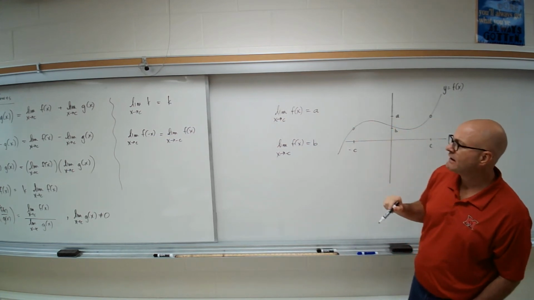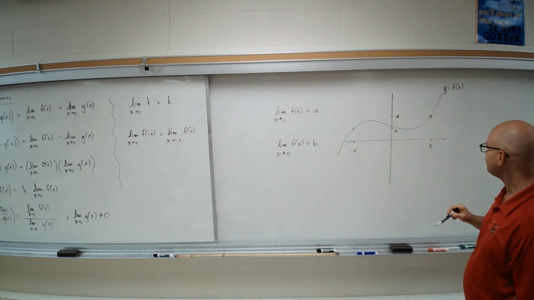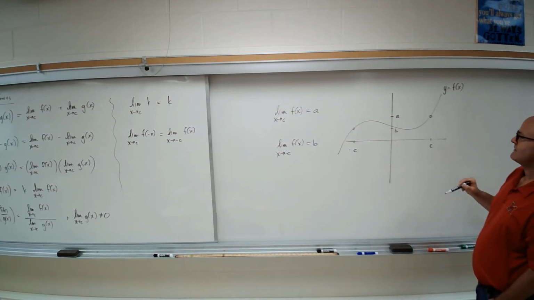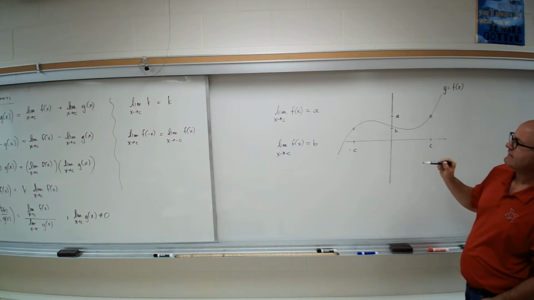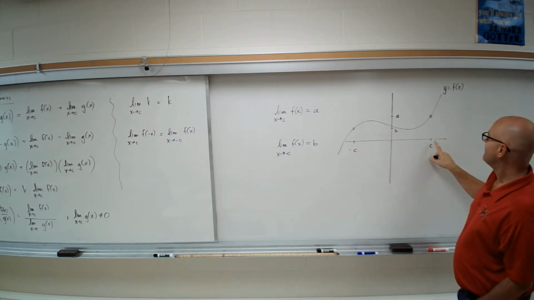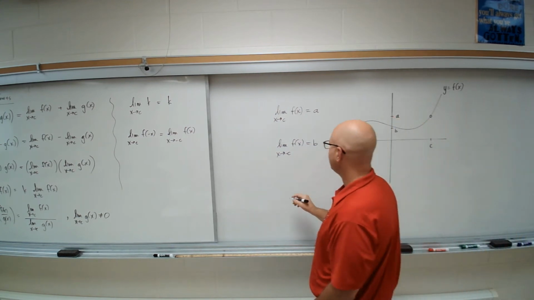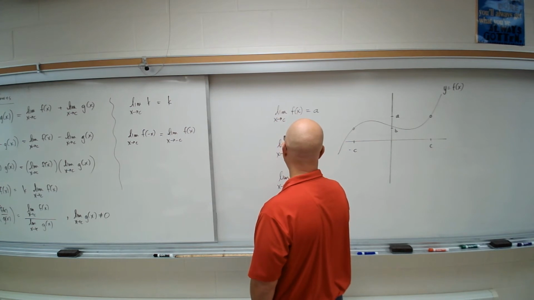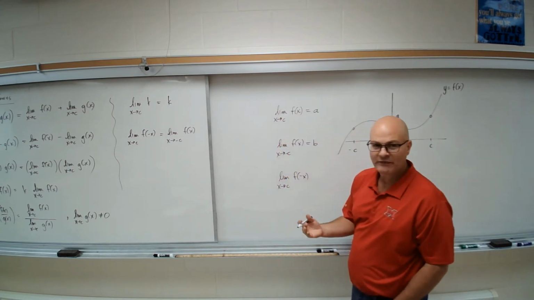So what we're going to do here to show this is, we know that one, but what I want to look at now is if I do this limit as x approaches c of f of negative x, what would that give us?